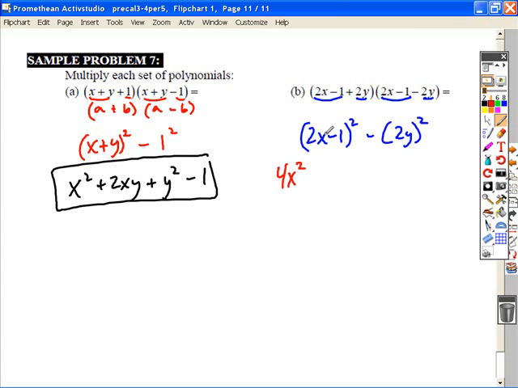Then it's double the product of the terms, so you take 2x times a negative 1 is negative 2x, double that is negative 4x. And then you have the last term squared, negative 1 squared is a plus 1. And then your final step, minus, and here you're squaring both the 2 and the y.